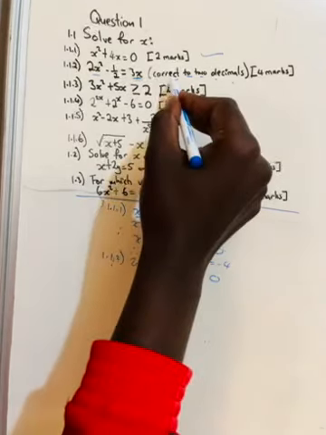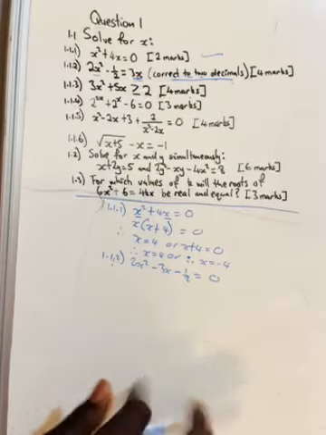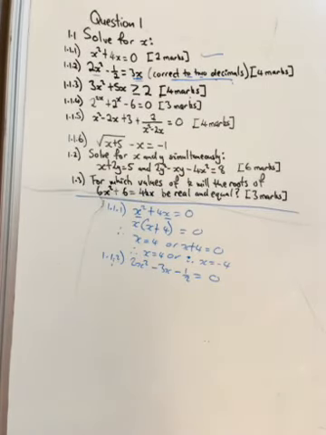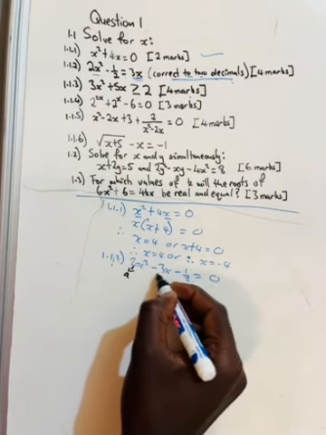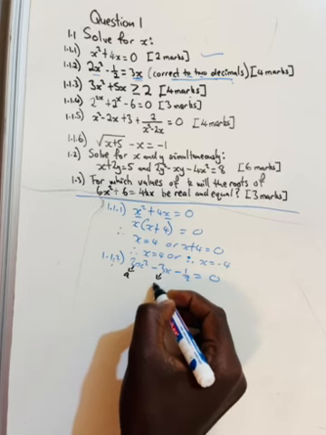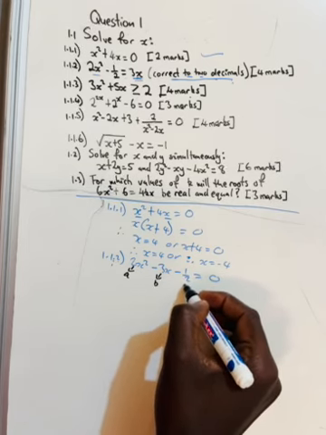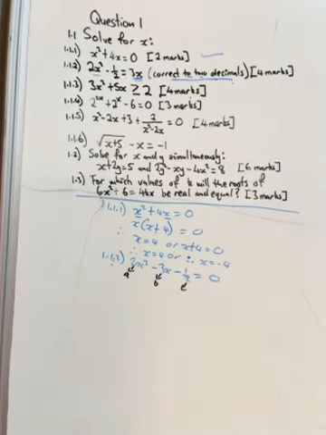When they say correct to 2 decimal places, it means we can't factorize it using the normal methods. So we need to use our quadratic formula. When using the quadratic formula, we observe that A is 2, B is negative 3, and last but not least, C is negative half.